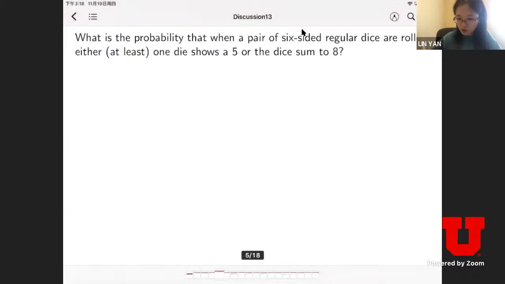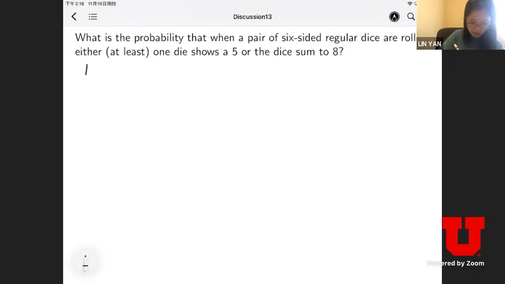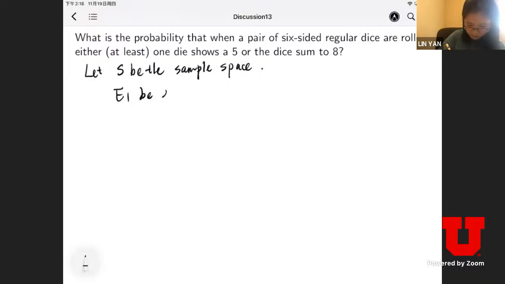Still, I will give you some general notation first, and then you can tell me the value of this notation. So let S be the sample space, and let E1 be the event that at least one die shows 5.